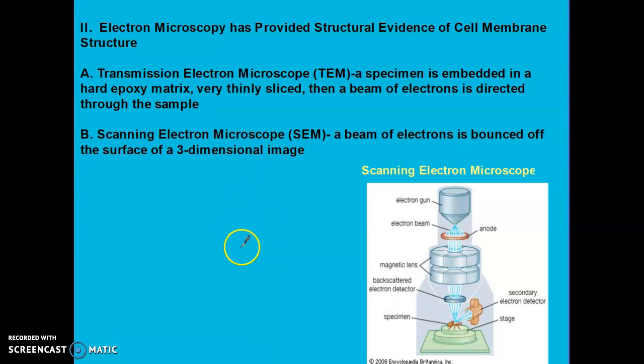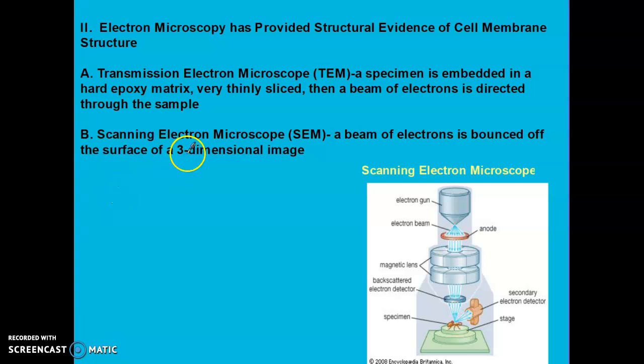So transmission electron microscope, there's two different types of electron microscope, either a transmission type or a scanning type. In the transmission type, a specimen is sliced into very thin slices, and then a beam of electrons is directed through the sample. And we can see, if you recompile those slices, if you will.